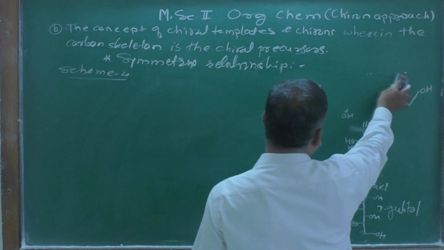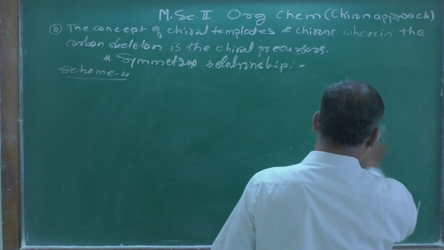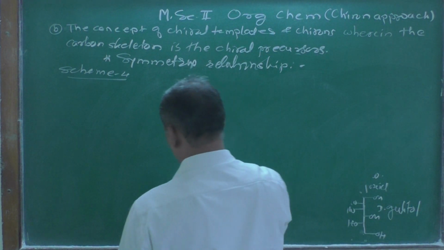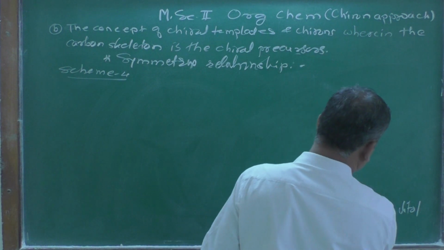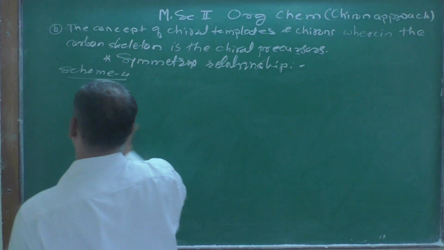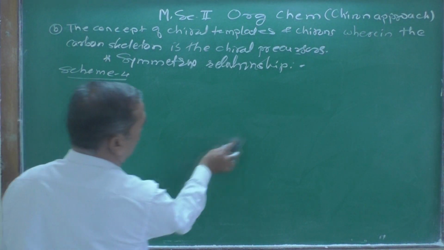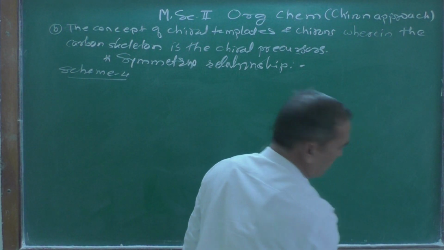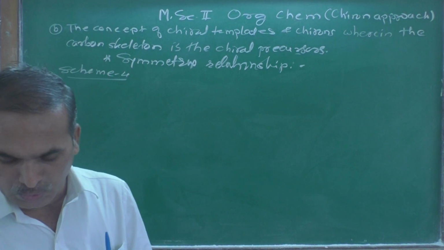In glucose there is no symmetry present, but after the reduction we may get some type of symmetry. Let us see the structure after the reduction of D-glucose.